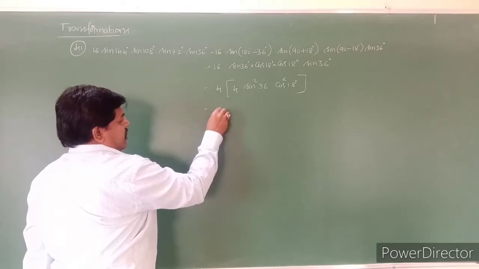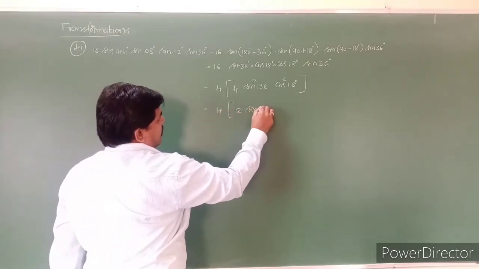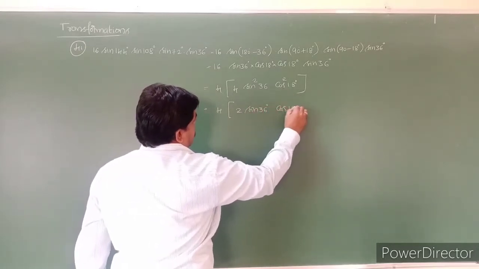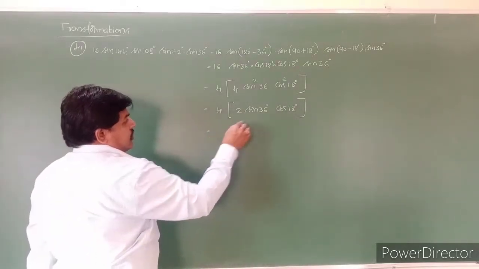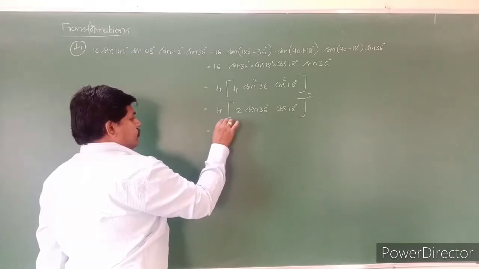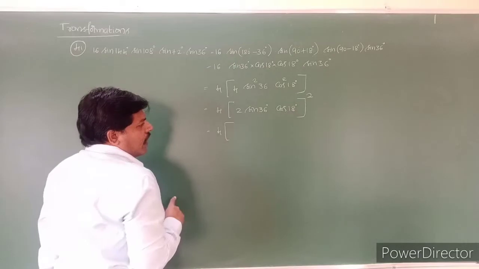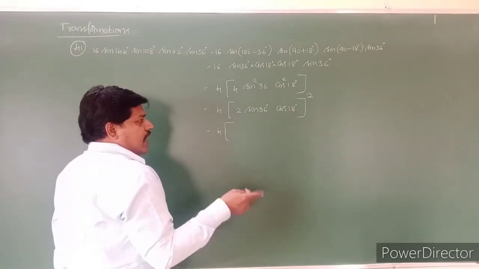See this one, this can be written as 4 into 2 sin 36 into cos 18 degrees, whole square. Yes or no? So 4 into, it is in the form of 2 sin A cos B. 2 sin A cos B is nothing but sin of A plus B plus sin of A minus B.